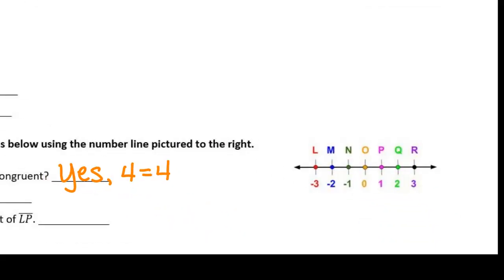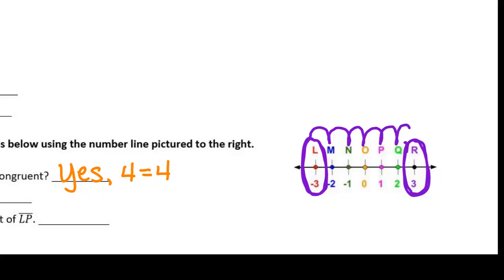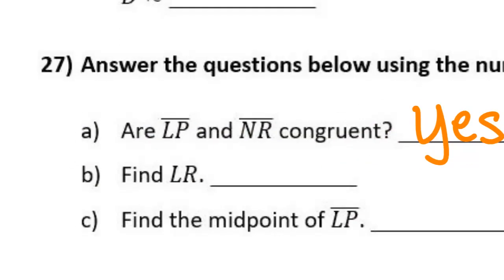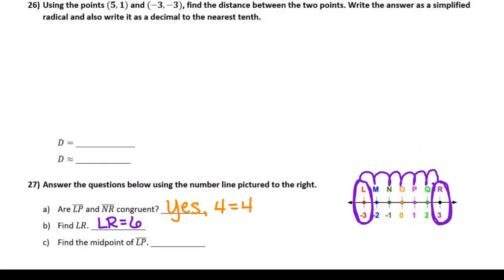Find LR. Well, L is this one here, and R is this one back here. We can count the hops. 1, 2, 3, 4, 5, 6. So LR equals 6. Find the midpoint of LP.